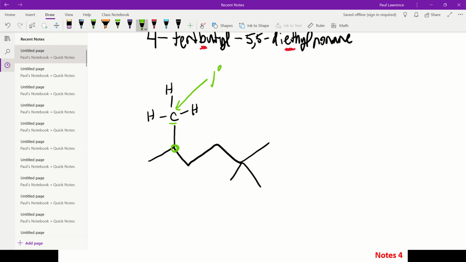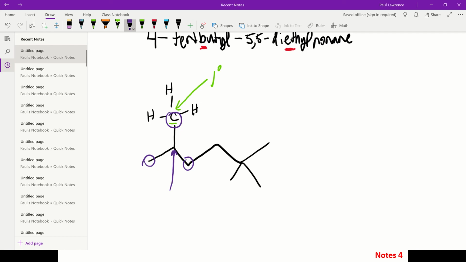Okay? Now, what if I want to know what is the classification for that carbon? Well, you just ask how many carbons are directly attached to the one I'm pointing to by the arrow. I see that I have 1, 2, 3.